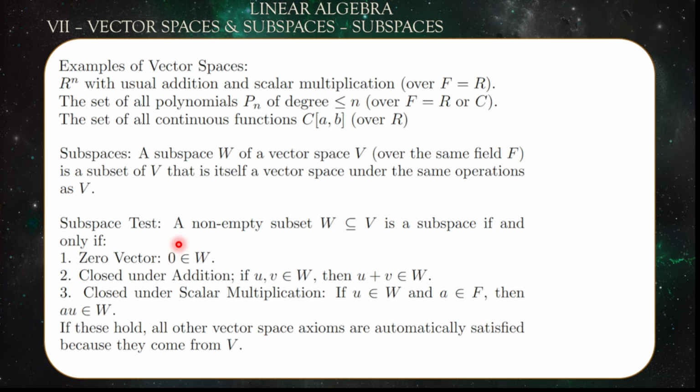Okay, subspace test. A non-empty subset W included within set V is a subspace if and only if, first of all, the 0 vector belongs to W, so 0 exists in W. It should be closed under addition: if u and v are within W, then u plus v also should exist in W. And closed under scalar multiplication: if u exists in W and a exists in the field F, then au should exist in W. Because W is a subset of V, it is ruled by the same laws, by the same premises.